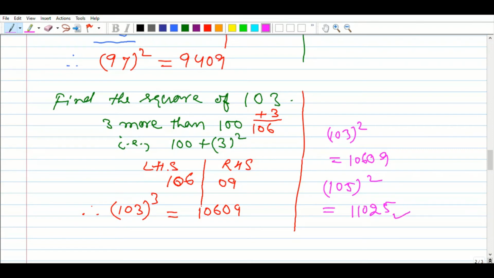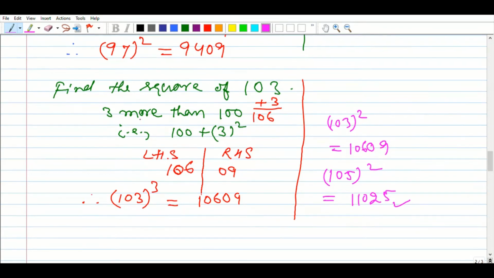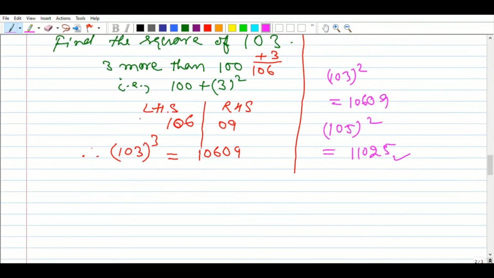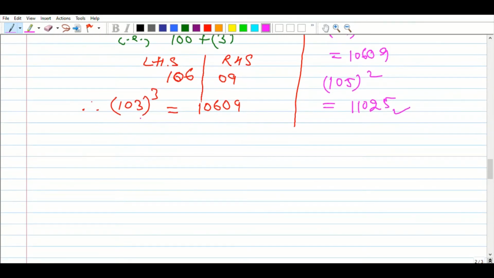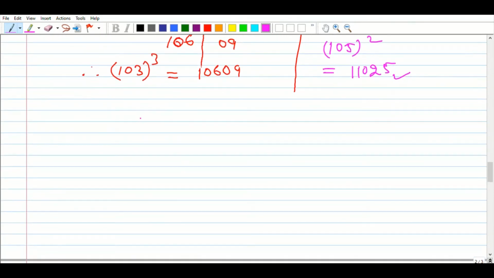It is a good trick. It is very useful in competition, and I hope all of you understand this one. And the second thing I want to make you understand: we said above that we have the identity a plus b whole square.